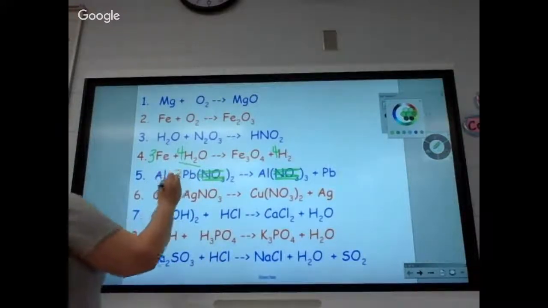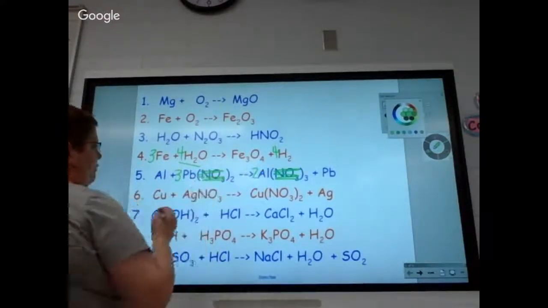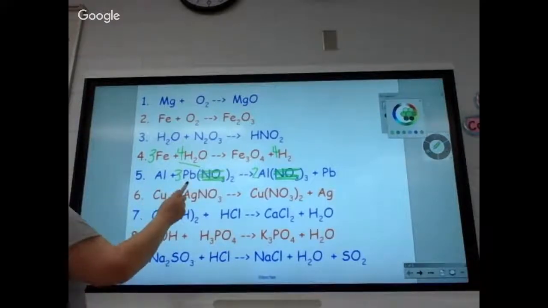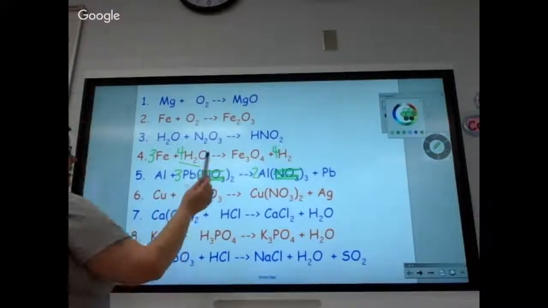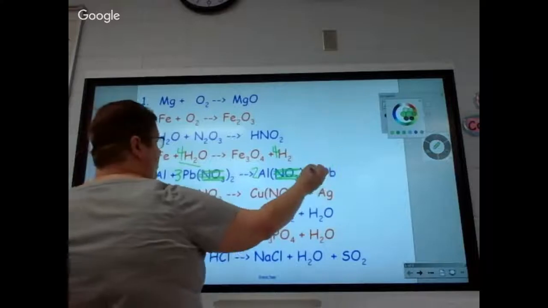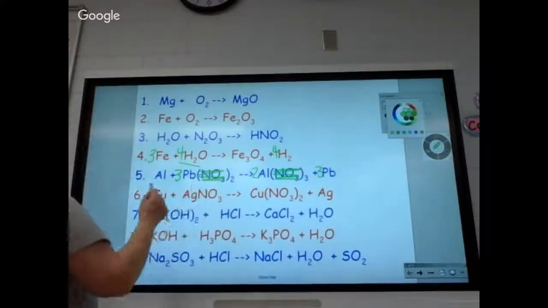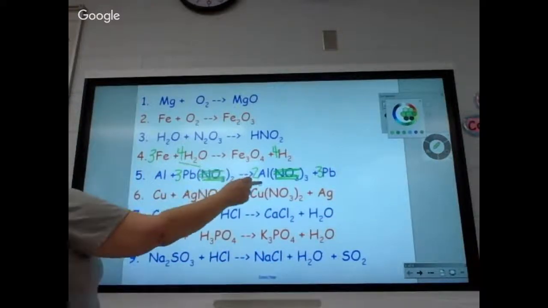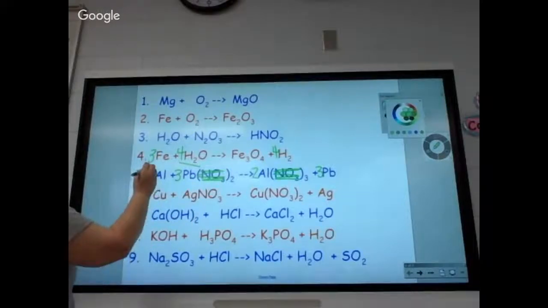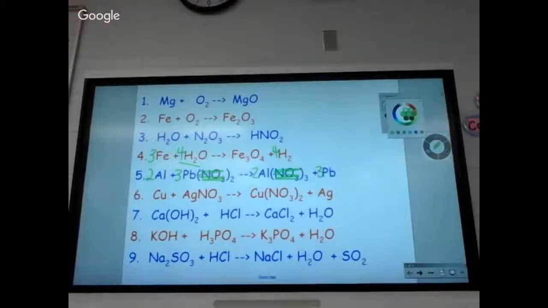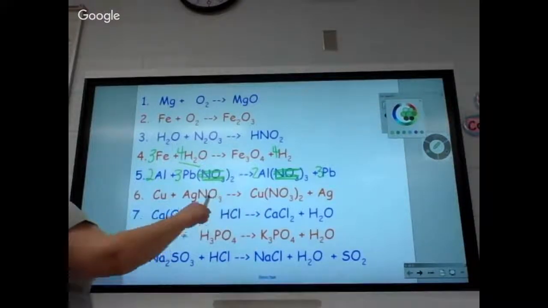So we're going to put a 3 there and a 2 there. So that made how many Pb's? 3. So how are we going to get 3 here? 3. How many aluminums? 2. So we're going to put what here? 2. Good.